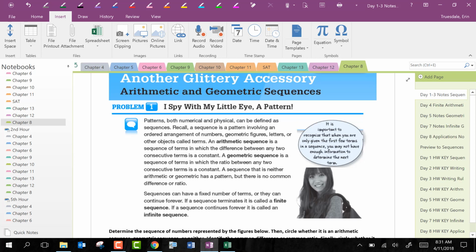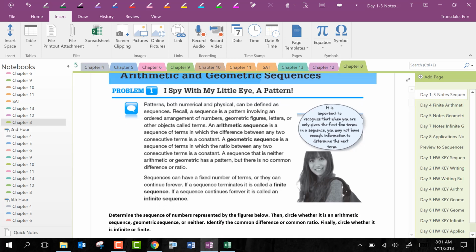Okay, so the first paragraph there talks about arithmetic versus geometric sequences. Just to recap, and you might want to write this down, arithmetic sequences add or subtract the same number.